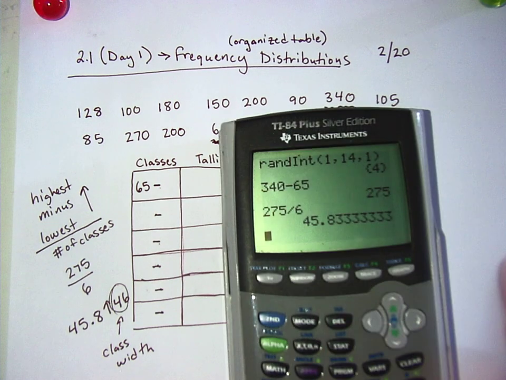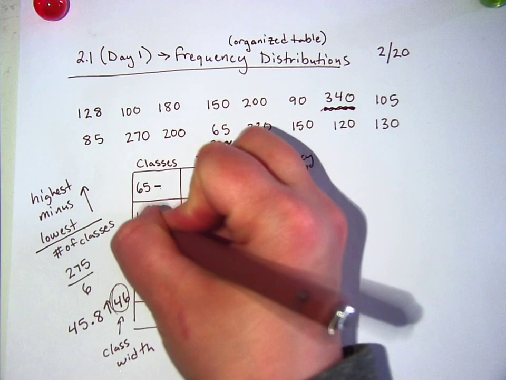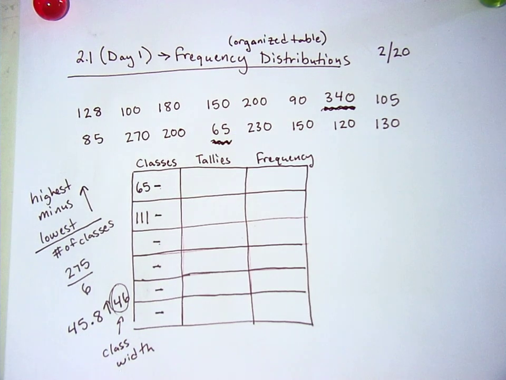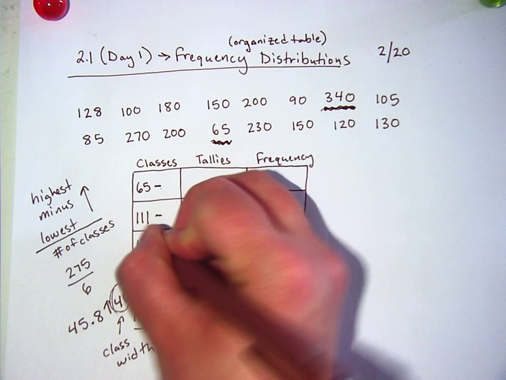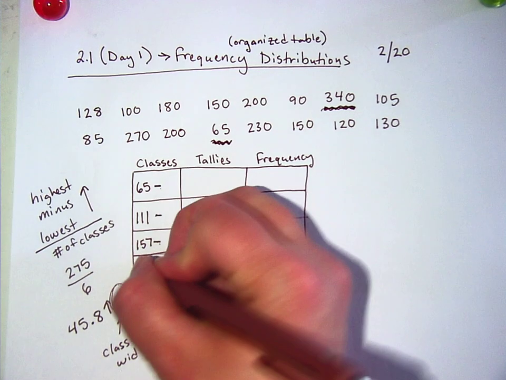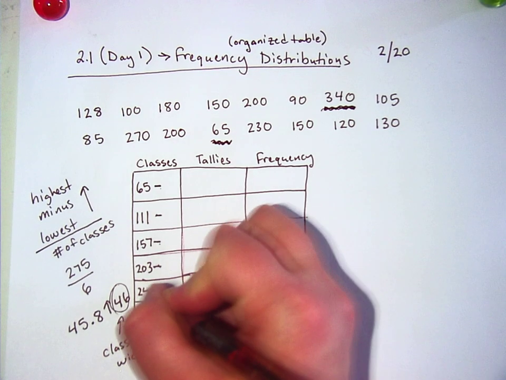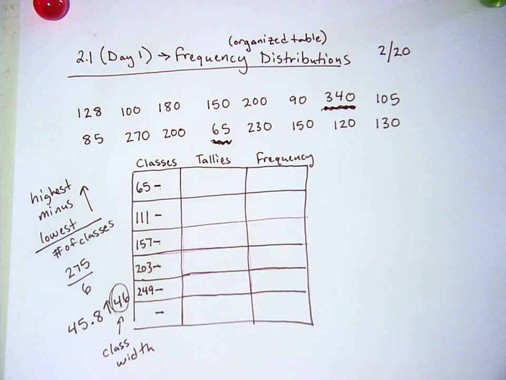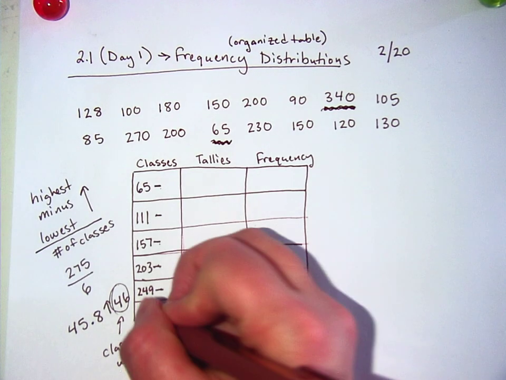So in my calculator, I'll take 65 plus 46, and that is 111. So this one's going to be 111, and I'm going to add 46 again and get 157. Add 46, get 203. Add 46, 249, and then I'm going to add 46 one more time and get 295.